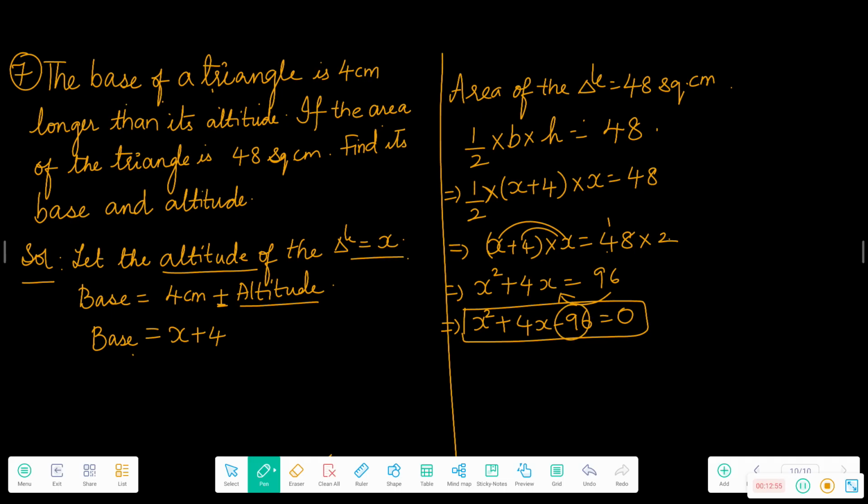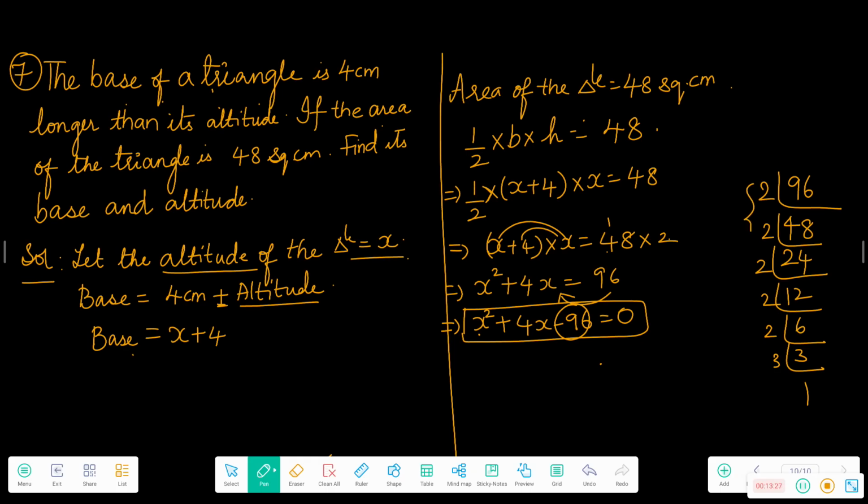So the first term will be multiplied with the last term. So the first term is x square times 96. Let us try to take the prime factorization. 96 is 2 times 48, 2 times 24, 2 times 12, 2 times 6, 2 times 3. Now we take the factors in such a way that if we add or subtract, we get the middle term.